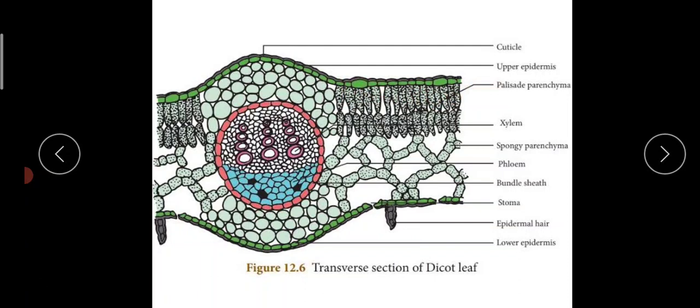But in the case of a leaf, as it has two opposite sides, the epidermis is present in two ways: this is the upper epidermis and this is the lower epidermis. So the epidermis has two divisions, upper and lower, or we can say adaxial epidermis and abaxial epidermis.